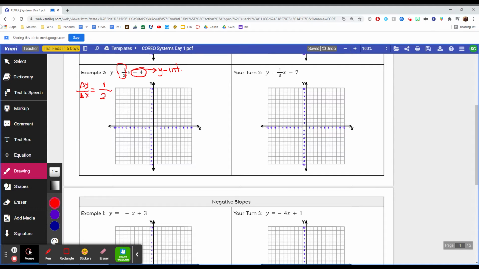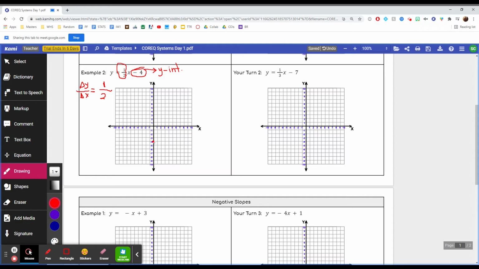All right, we're going to begin with graphing the negative 4. So on the y-axis, which is the vertical line, we're going to identify where the negative 4 is, just right here, and I'm going to put my dot in there. It's kind of a big dot, so let's make it a little better. Okay, there we go.